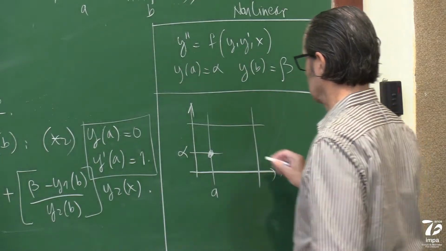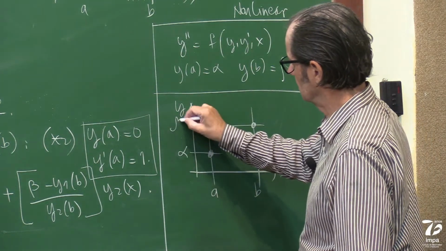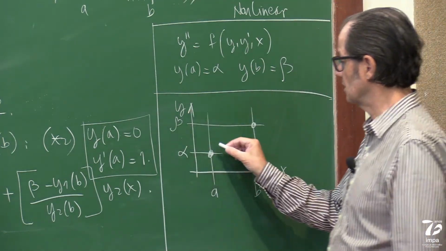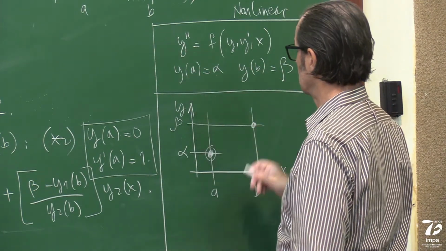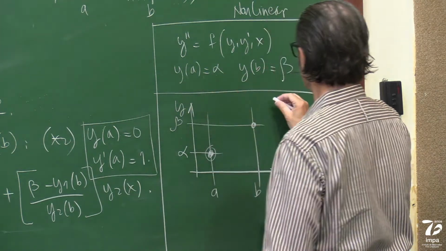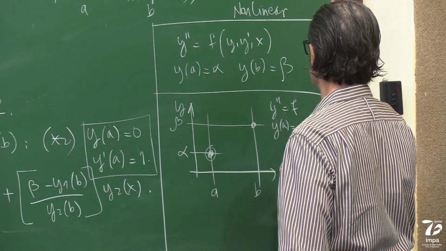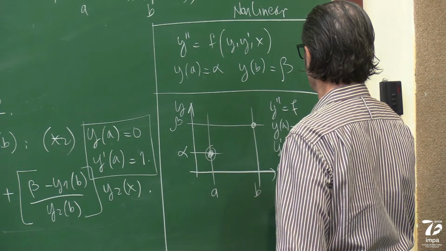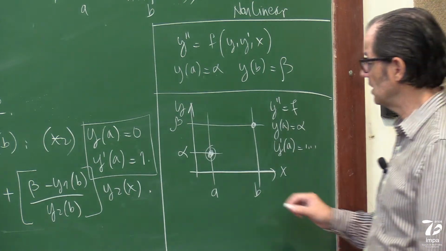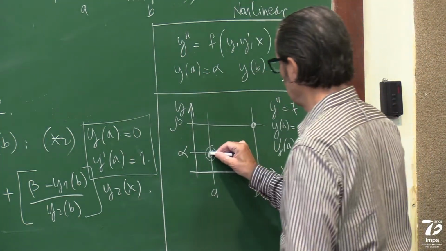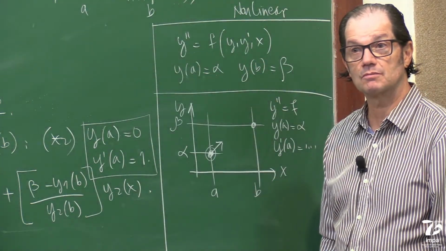We're always going to start, this is B, this is beta. We're always going to start from here as an initial condition, and because this problem has an initial condition, and I want to do an initial value problem, I'm going to do y double prime equals f, y of a is equal to alpha, and y prime of a is equal to something, which means I'm starting here, and this is the slope, exactly the angle at which I'm going to shoot.